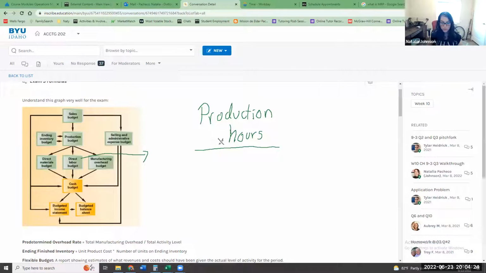So you multiply that to have the total hours. And then sometimes you'll have to multiply that times the cost per hour to get the total cost in direct labor. And that's it.